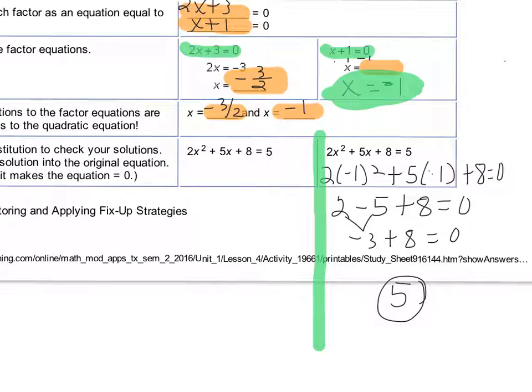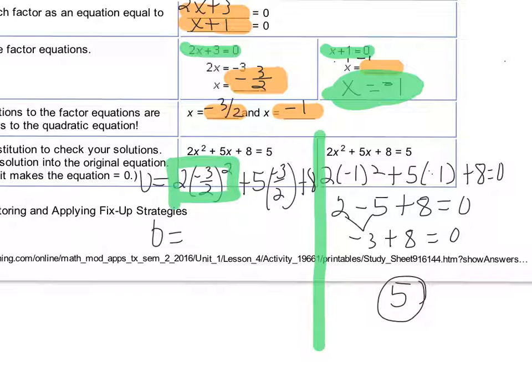Okay, this side over here you have a fraction, but it's still doable. So we got 2 times negative 3/2. Everywhere you see an x, plug in negative 3/2, plus 5 times negative 3/2 plus 8. That whole thing has to equal 0. So we use the exponent first, and then a negative times a negative is positive. So this first part right here is going to be positive because we got negative times a negative.